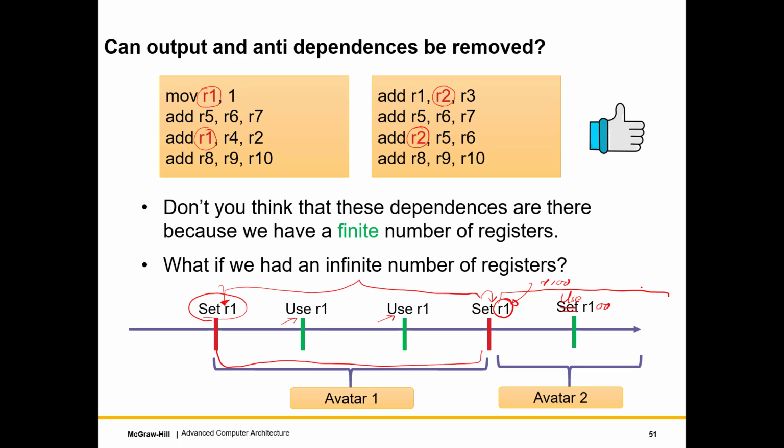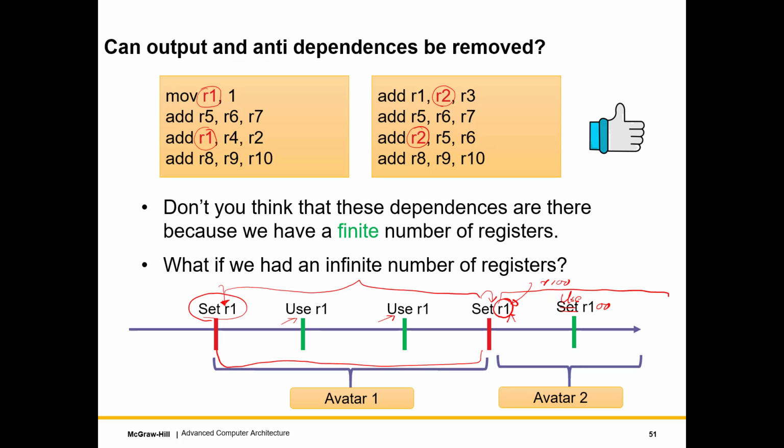The programmer will not be able to see any difference, the output of the program will still be the same, and everything will work in exactly the same manner as long as we are consistent, which means that every read that uses this value of R1 uses R100 instead.